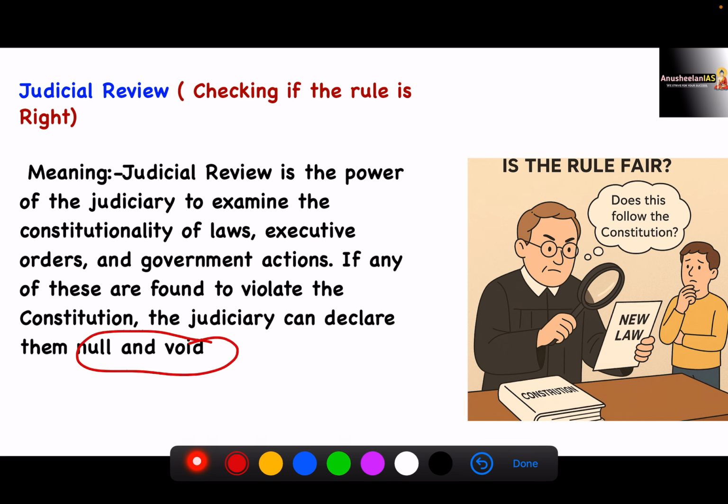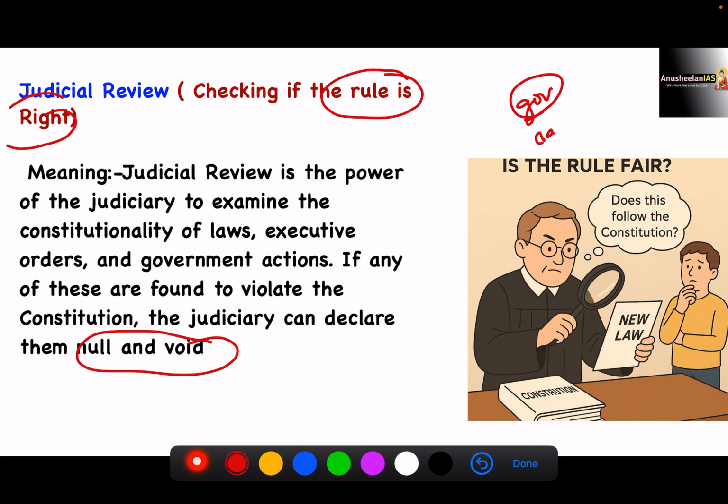In simple terms, judicial review means checking if the rule is right or wrong and whether it is according to the constitution or not. Judges check whether a law or a rule made by the government is according to the constitution or not. If the law is against the constitution, the judges can say the law is wrong and cancel that law.